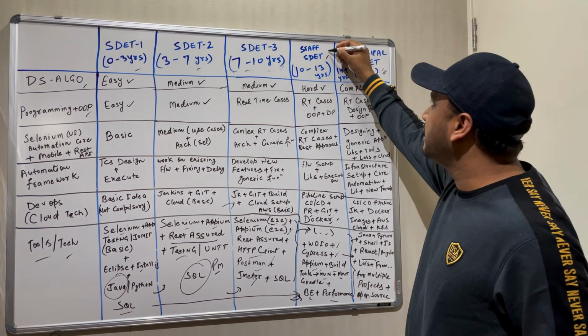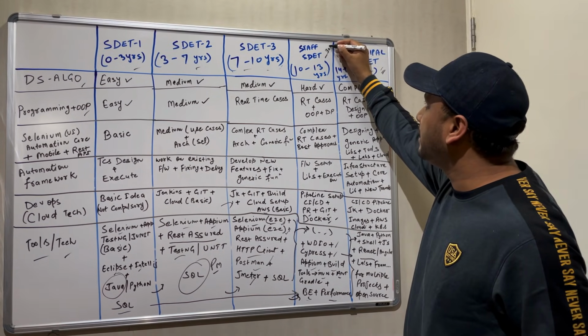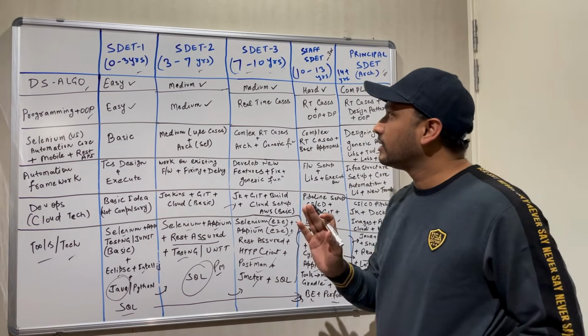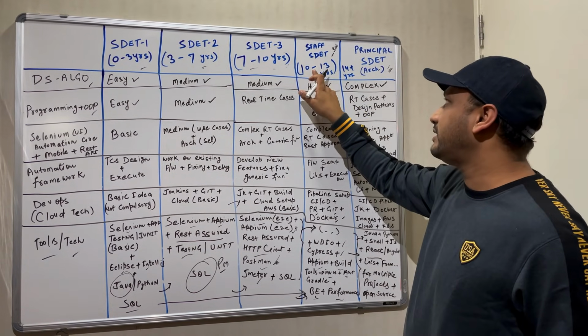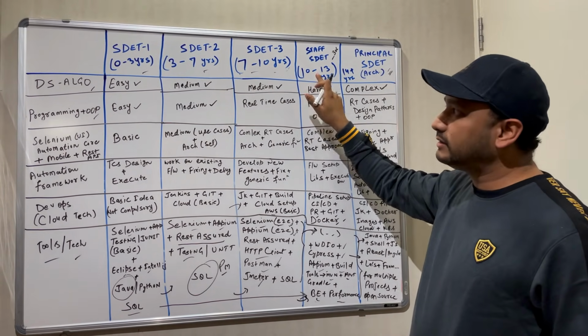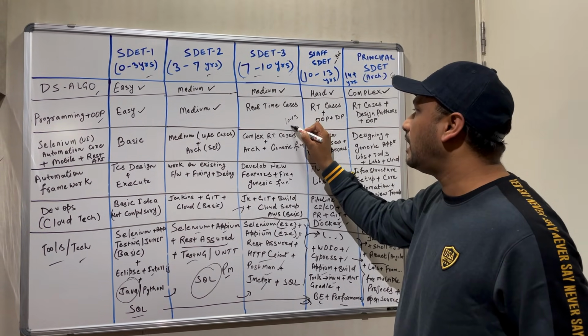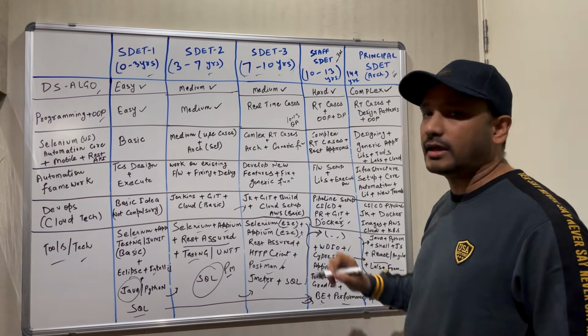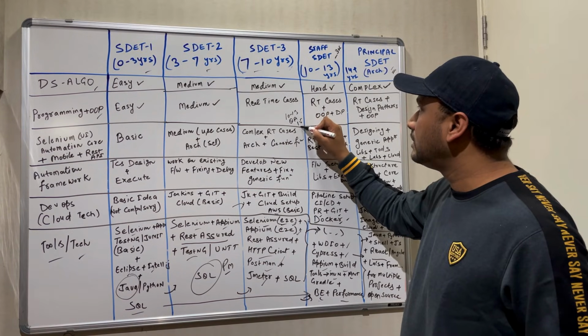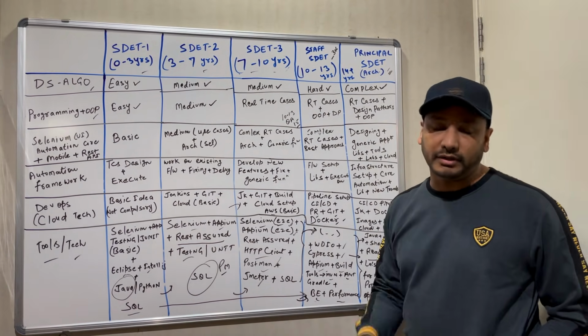Let's say this guy is making 30 lakhs per annum. Same experience, staff SDET, 10 to 13 years of experience. A normal QA guy can make only 15 lakhs. Now you can see the double difference.